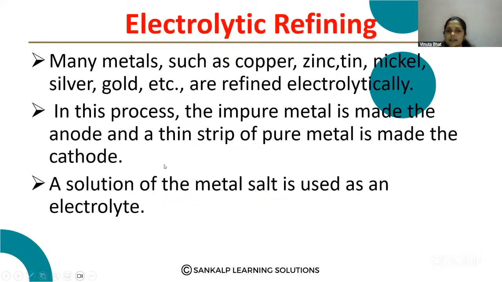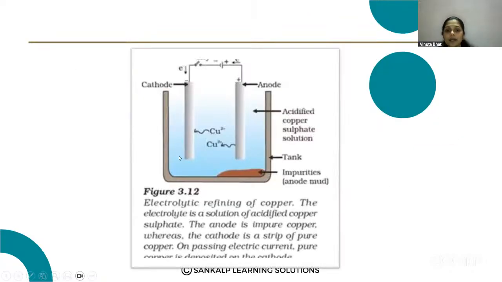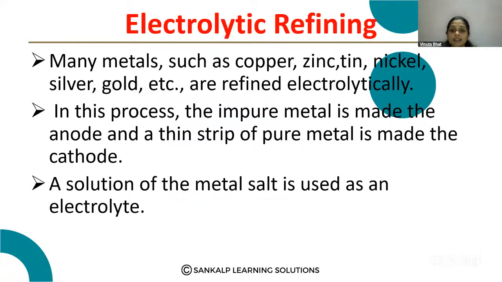Then a solution of the metal salt is used as an electrolyte. Here copper is used for the purification. The acidified copper sulfate solution has been used. The metal salt is used as an electrolyte.